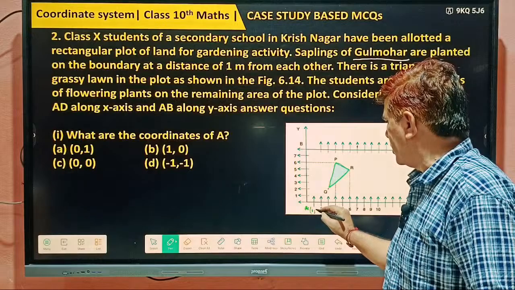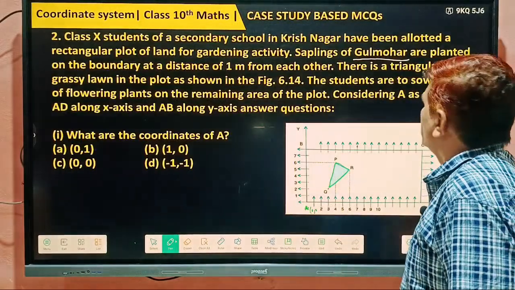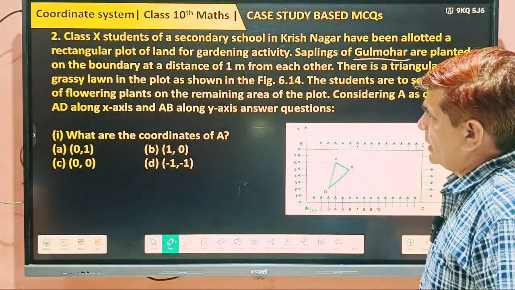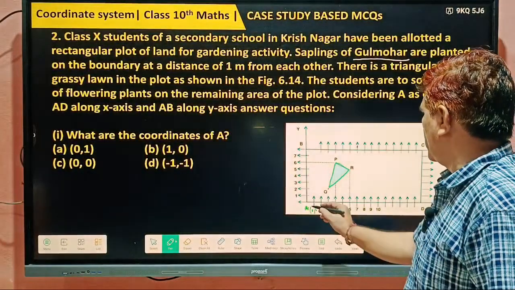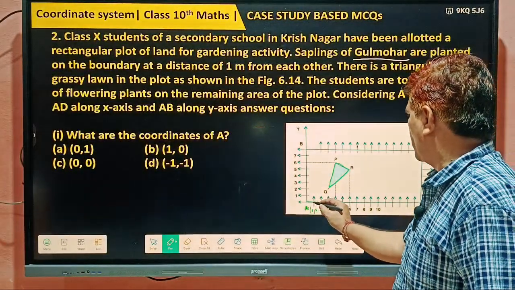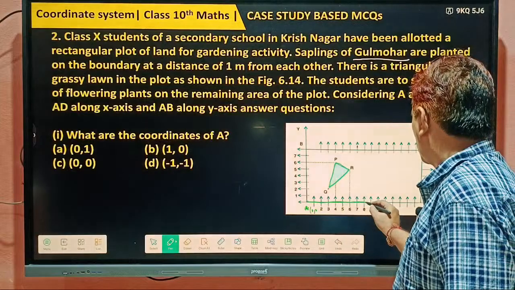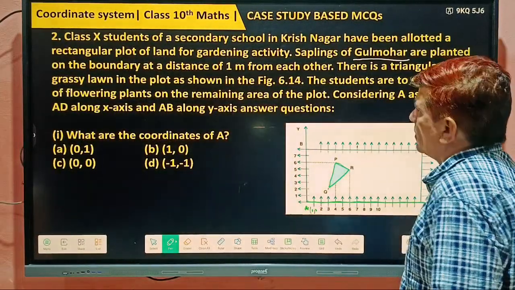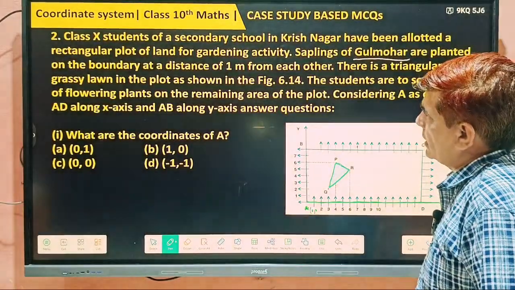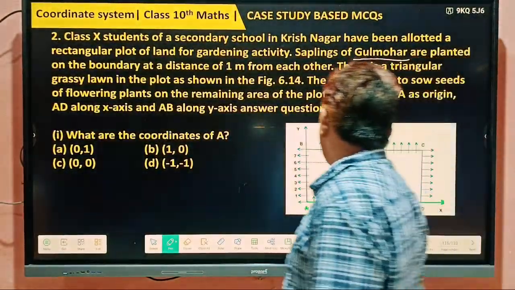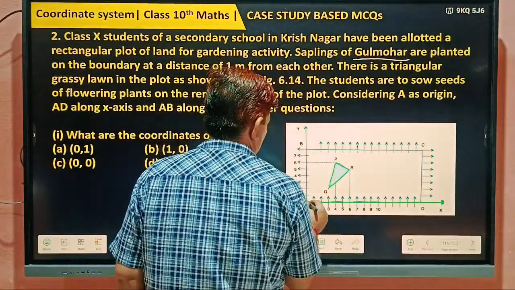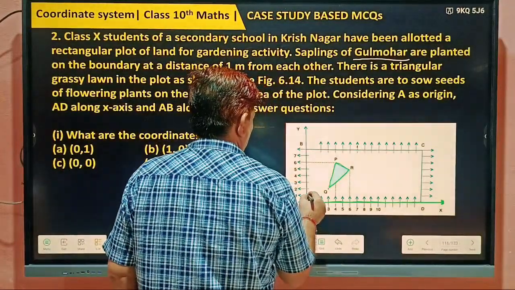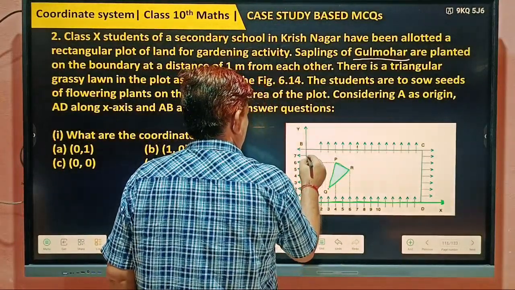Origin meaning both coordinates are 0. AD is along the x-axis, and AB is along the y-axis.